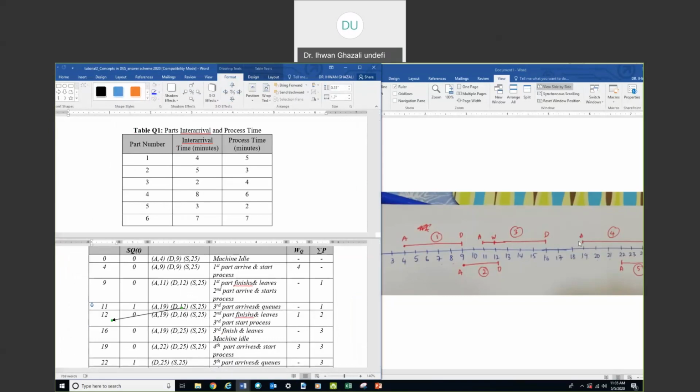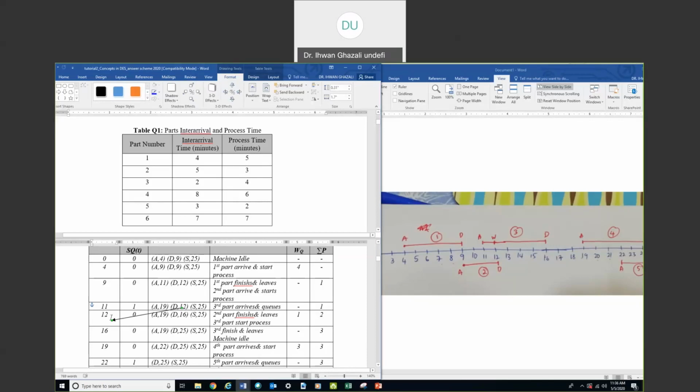So the present activity that we face is this part. Okay, D12. You cannot go here because this one happens first in minute 12, while this one is in minute 19. So you write 12 first as this clock.